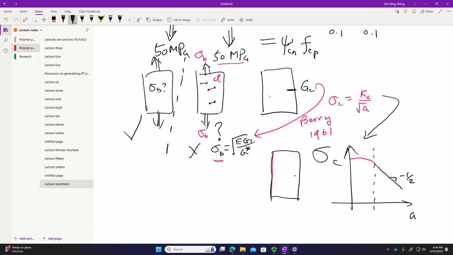Right? That's the reasonable logic. And then you know how big this scale is? It's outrageous. It's about 1 millimeter for polystyrene. And you are forced to conclude that your polystyrene has flaws 1 millimeter large.